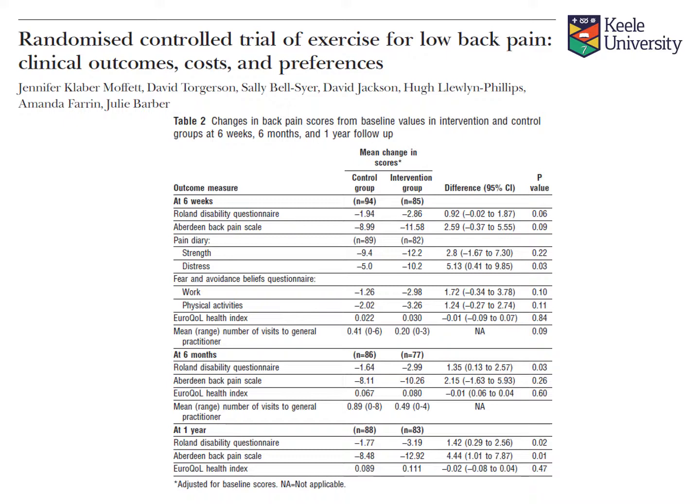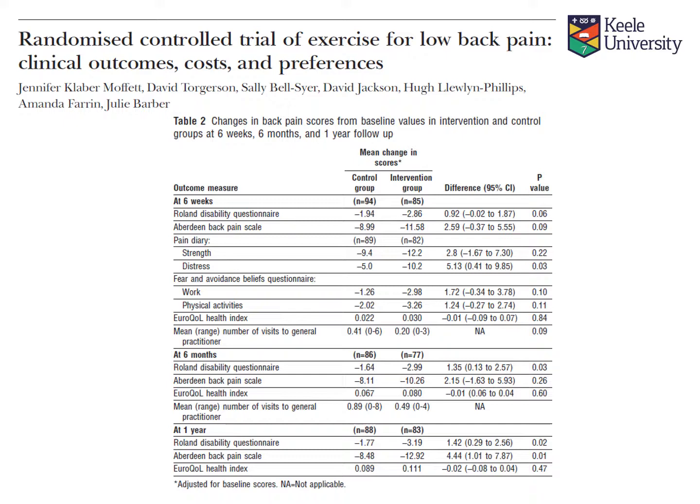So that's the mean change. In the control, minus 1.9. In the intervention, minus 2.8. What's the difference between the two? 0.92. And we can tell from the numbers that this is in favor of the intervention. However, when you look at the confidence interval, minus 0.02 to 1.87.